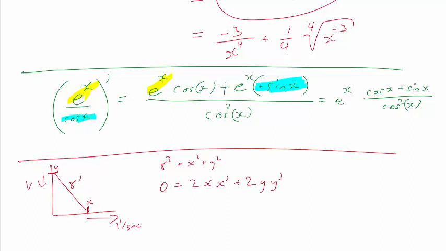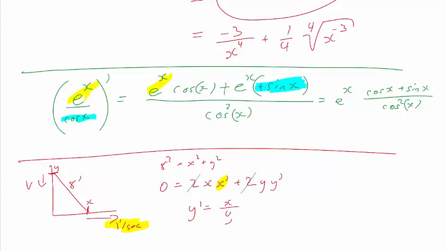And so let's go over what we know. We know that x prime is 1 foot per second. And we can also factor out the 2's, since over here it's 0. And now we simply solve for y prime. So we have that y prime equals negative x divided by y.